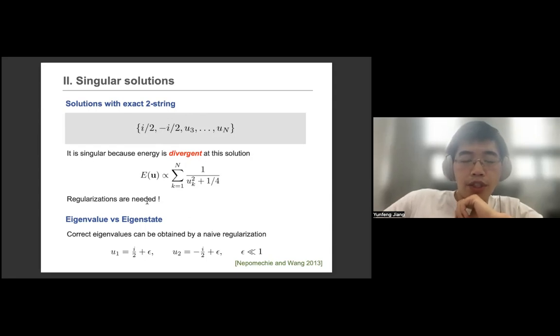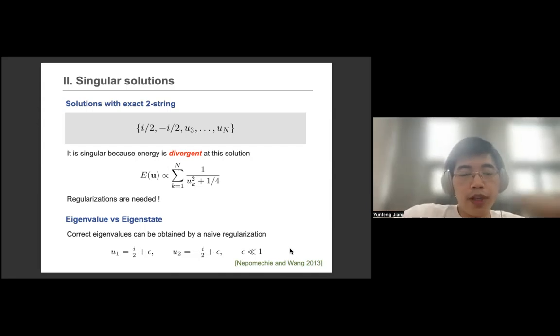Now, as usual in physics, when there's divergence, we need to do regularization. And it turns out that this regularization is somewhat subtle. This was done very carefully in a paper by Nepomechie and Wang in 2013. What they found is that to get the correct eigenvalues, namely the correct eigenvalue of the Hamiltonian, you can do a very naive regularization. Namely, you just shift both u1 and u2 by epsilon, and then plug in this formula and take epsilon to 0.